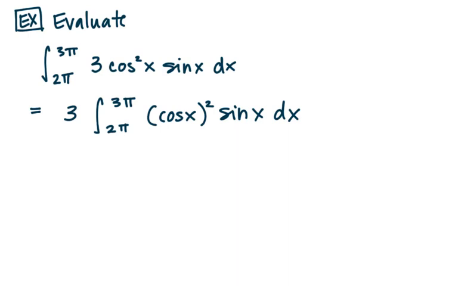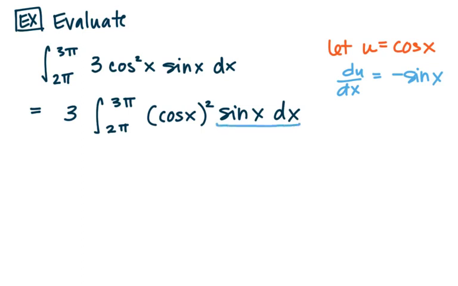So I'm going to say let u equal cosine x. If u is cosine x, then the derivative of u with respect to x, the derivative of cosine is negative sine x. So I see that sine x dx there.